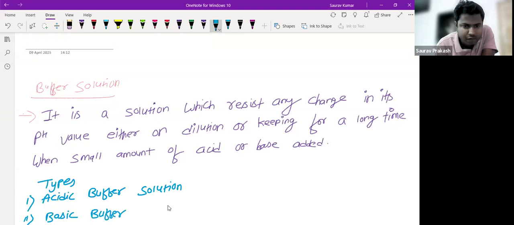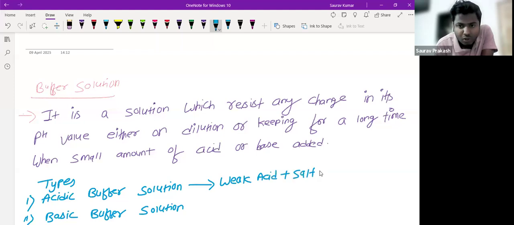So what is an acidic buffer solution and how is it made? It is made of a weak acid plus the salt of a weak acid and strong base.